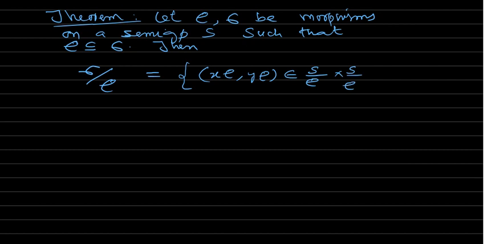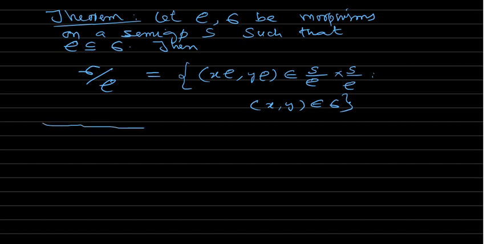This is a relation on S over rho, such that this xy belongs to sigma. And what is this actually, this rho over sigma?